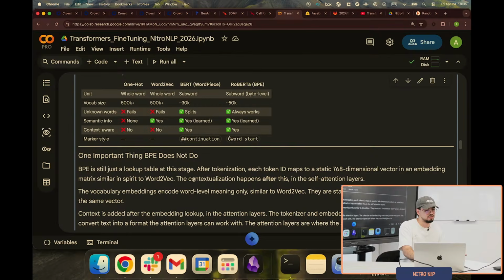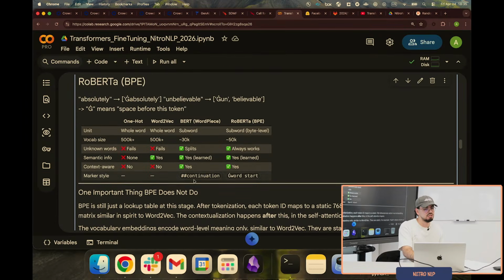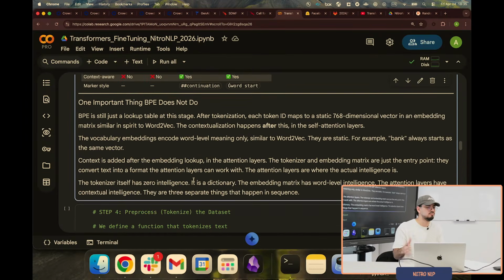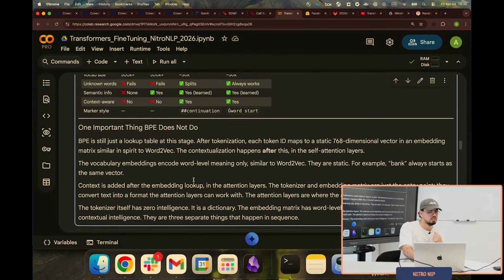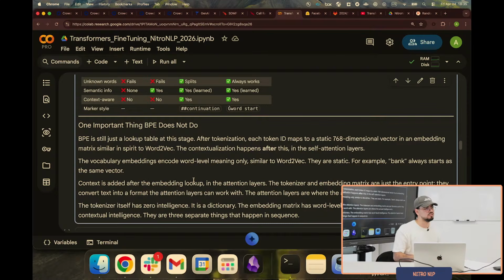They're both context aware. They both capture semantic information. One thing that BPE does not do, so what we're using right now, is that BPE is still just a lookup table at this point, and after each tokenization, each token ID maps to a dimensional vector in an embedding, similar to Word2Vec, as I said in the transformer step-by-step.